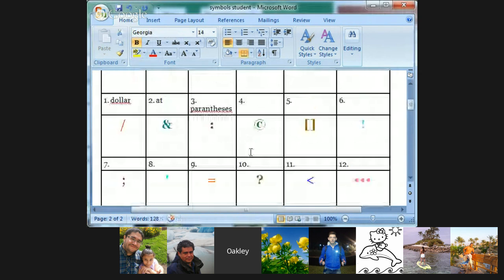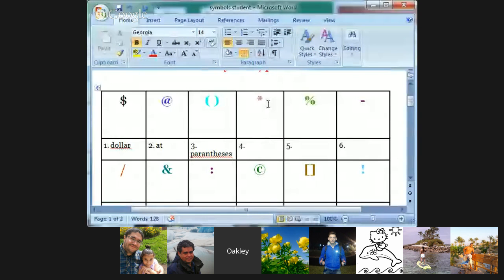Well, we already did at too. Okay, moving on. Ooh, this may be a little more difficult. Natalia, number 4. It should be asterisk. Asterisk.